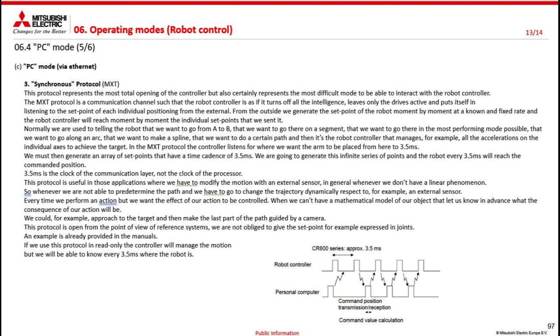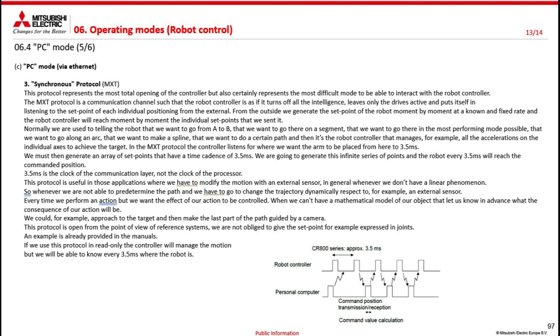This protocol is useful in all those applications where we need to feed back the motion with an external sensor. In general, whenever we do not have a linear phenomenon, that is, whenever we are unable to predetermine the path, and we have to modify the trajectory dynamically with respect, for example, to an external sensor.